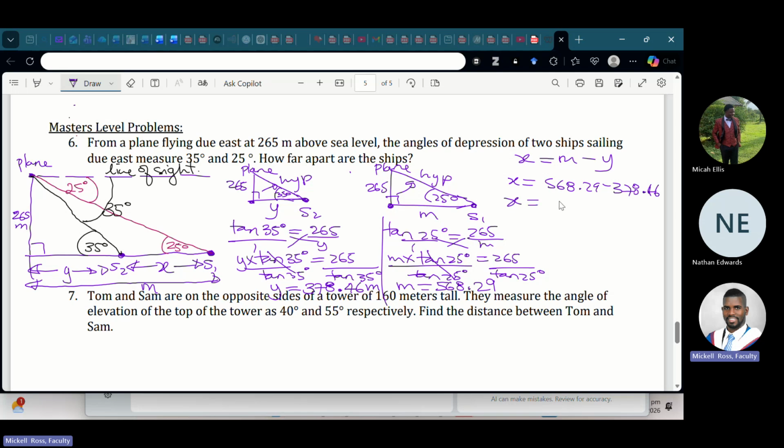So that means the distance between the two aircraft, 568.29 minus 378.46, is 189.83 meters. So that's the distance between the two ships.